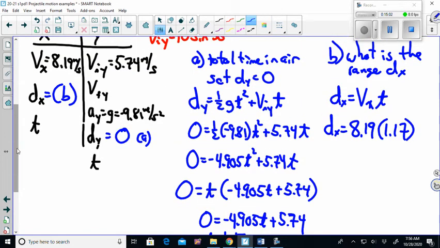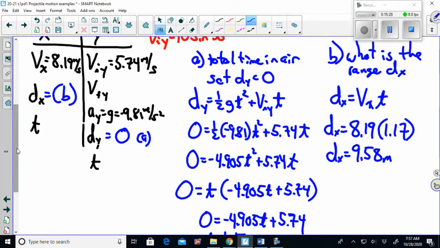So back to the calculator. 1.17 times 8.19 gives me a dx of 9.58 meters. Not a very far kick. Not a very far kick at all.